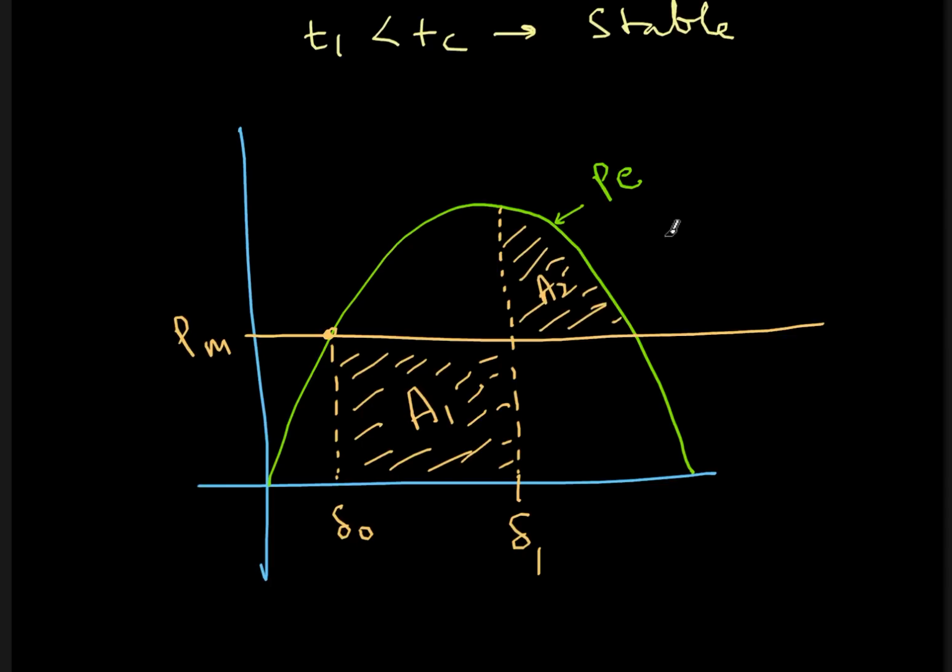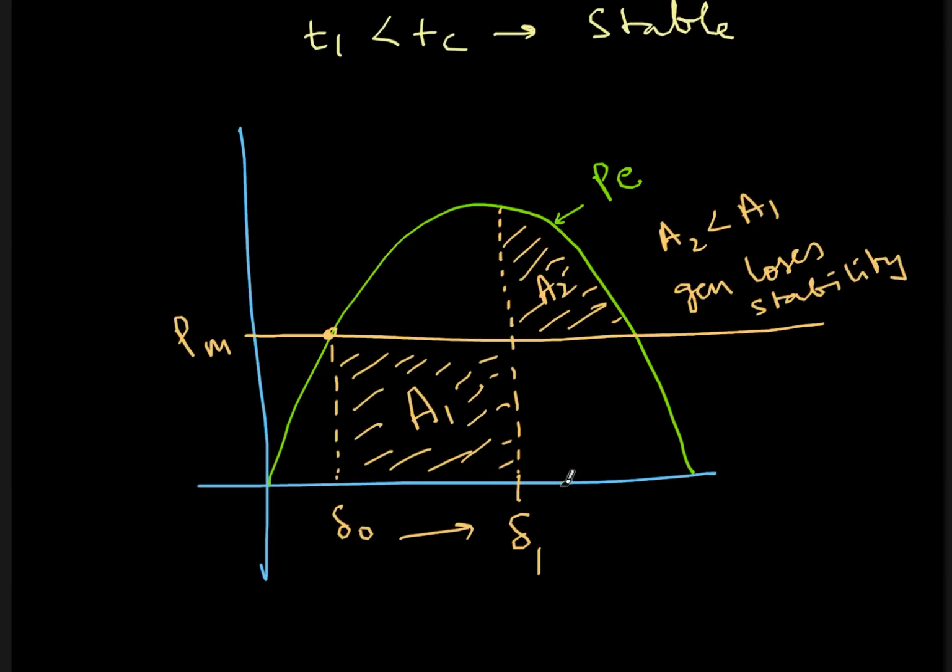So the area A2 is actually less than area A1 because I made too much delay in clearing the fault. Since the deceleration area is less and the acceleration area is more, the machine goes on accelerating, and therefore it will lose stability. So the machine loses stability. I say the generator loses stability.